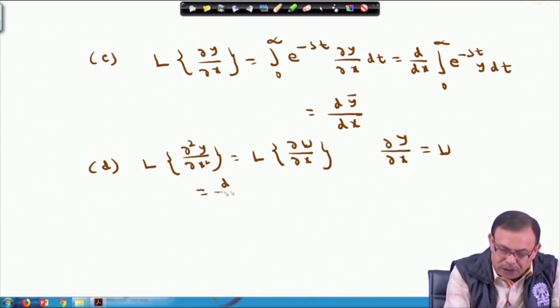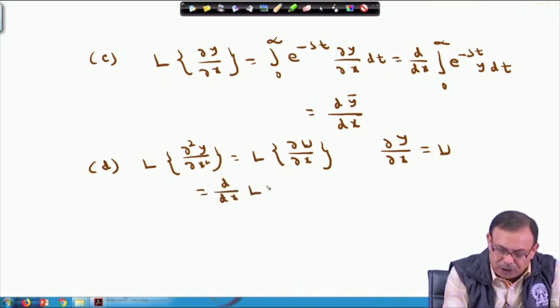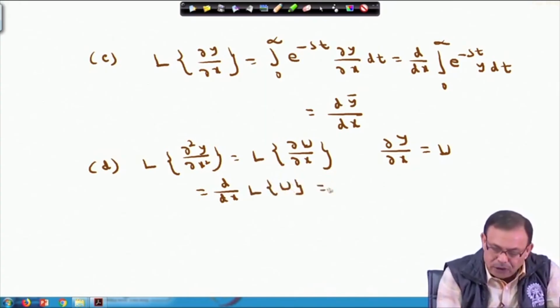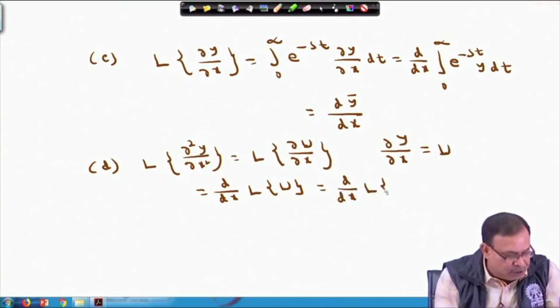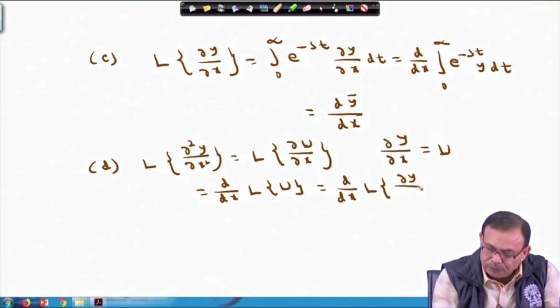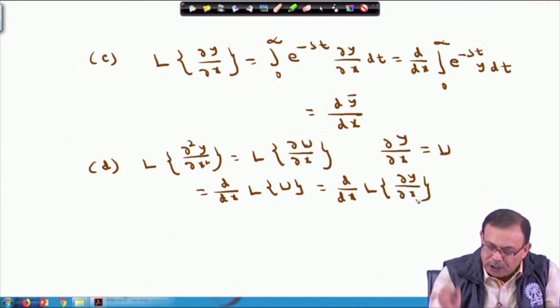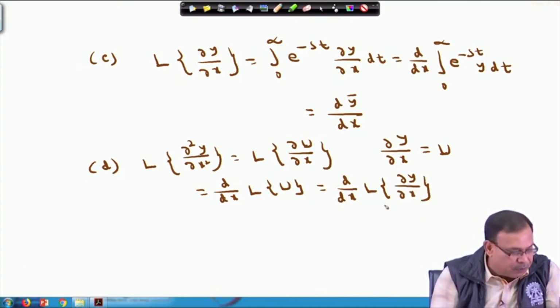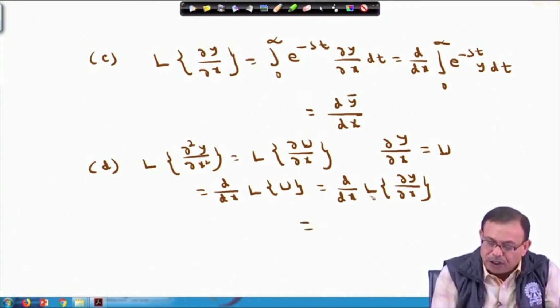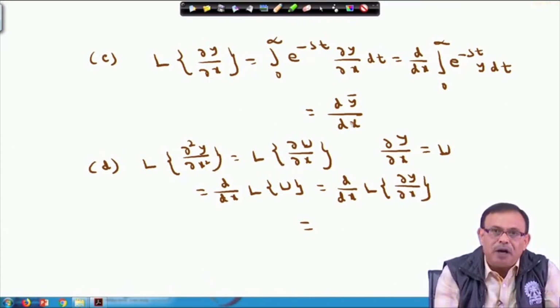This equals d dx of the Laplace transform of U, and U is del y del x. Once I take the Laplace transform of del y del x, we have already obtained d y bar dx.